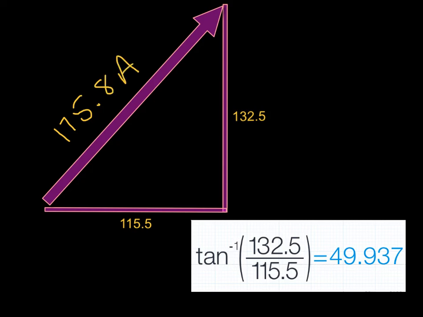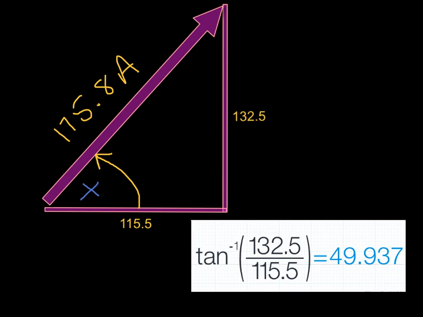But recall from the beginning of the video that a vector has both a magnitude and a direction. We know the magnitude, or the length, of this vector, but we haven't yet determined its direction. So we return to trigonometry, recalling that the tan of an angle, we can call this angle we're looking for x, is equal to the opposite over the adjacent.